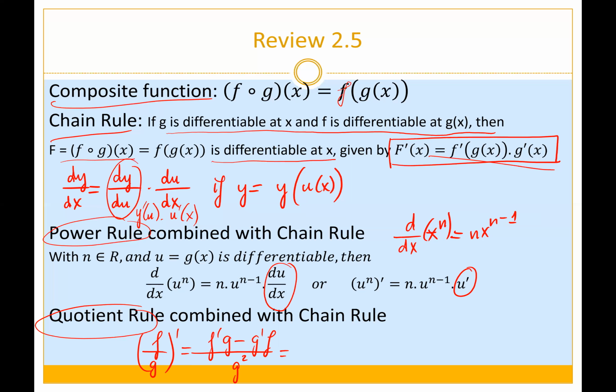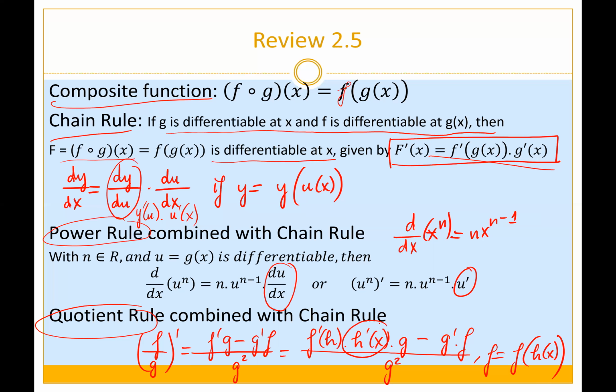If f is a composite function, then you're going to have f prime with respect to h, multiplied by h prime with respect to x, times g, minus g prime multiplied by f, divided by g squared. So if f is a function of h of x, that composite function's h prime of x is what you multiply additionally.